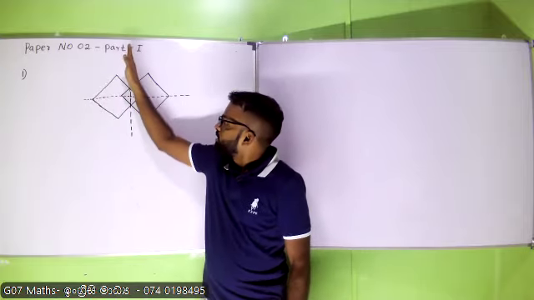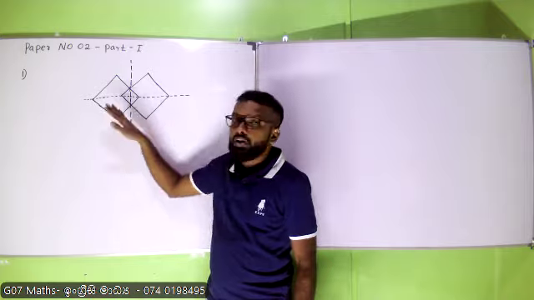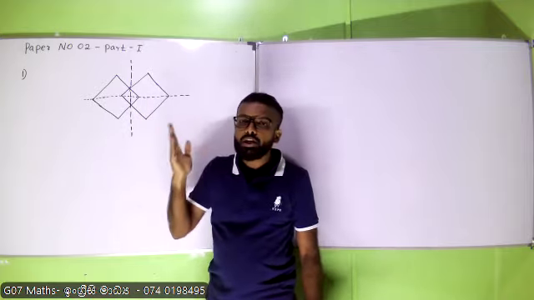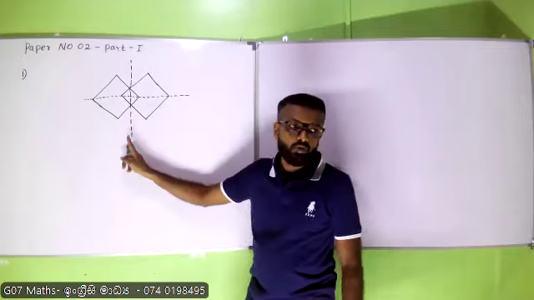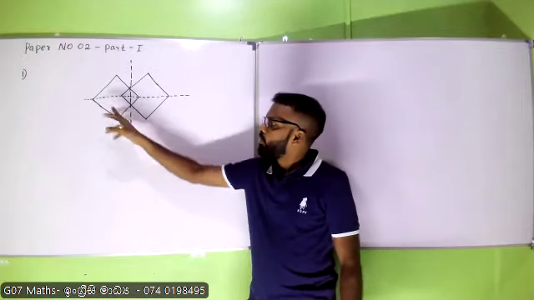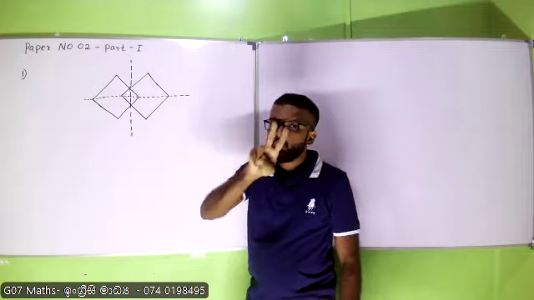So this symmetrical axis divides this figure into two equal parts. Here you have the first symmetrical axis and here the second, so there are two symmetrical axes.